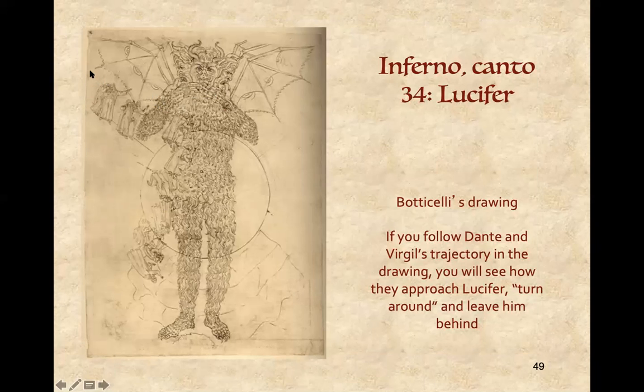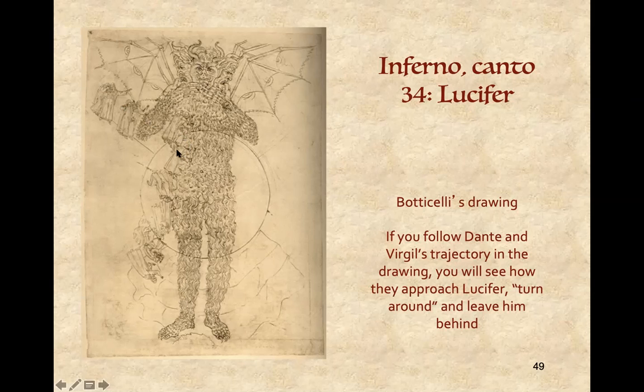But what happens here at the bottom of hell, and I would like you to understand this by looking at this drawing by Botticelli, is that Virgil and Dante are coming closer and closer to Lucifer, and then they end up really grasping at his body.